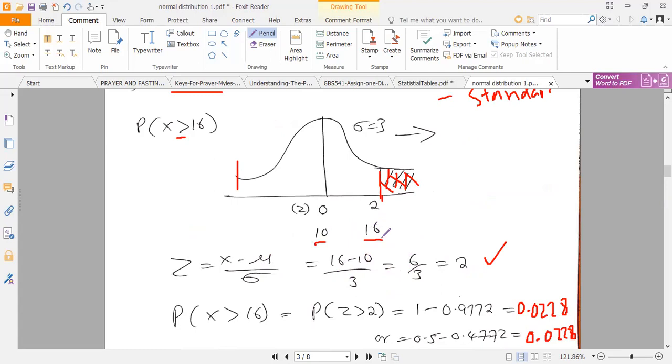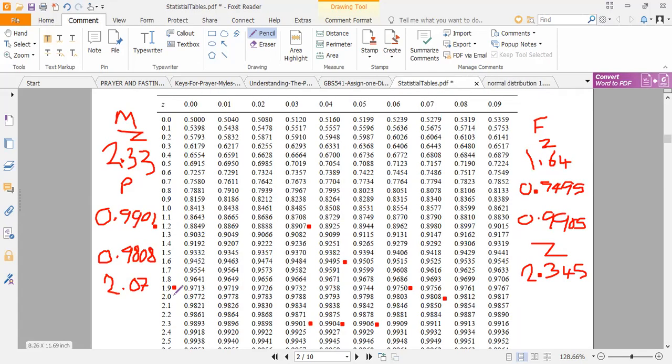So what this means is this 16 is not there in the table. We need to convert it to a table reading in terms of Z. So these numbers are Z figures. This 2 now, we read it in the table. 2.0. When you go into the table here, 2.0, you find it at 0.9772. So what does that mean?